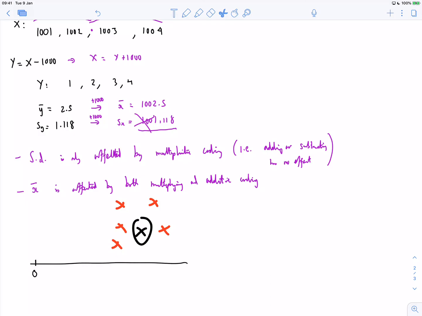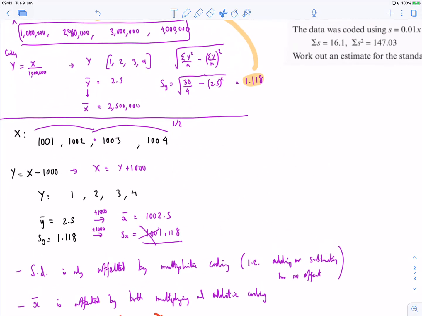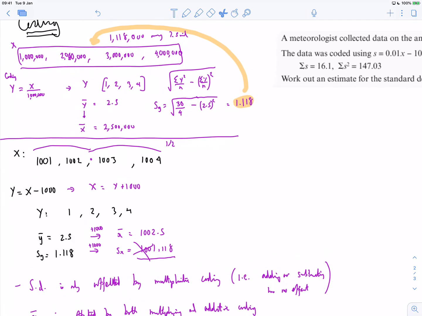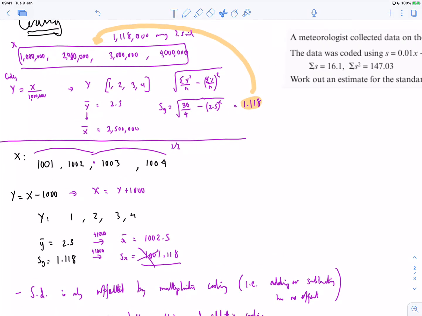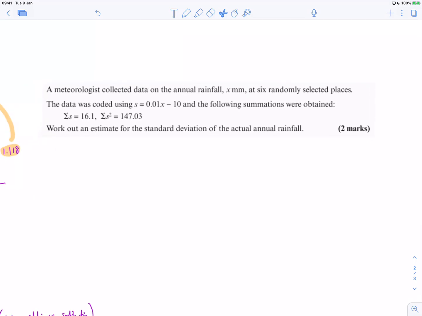Later on, we look at discrete random variables and expected values. We'll write this in a more formal way, but it's key to get the intuition that the mean behaves like you'd think it would with linear coding, but the standard deviation is only affected by the multiplicative transformation. So that's the last question I wanted to go through today.